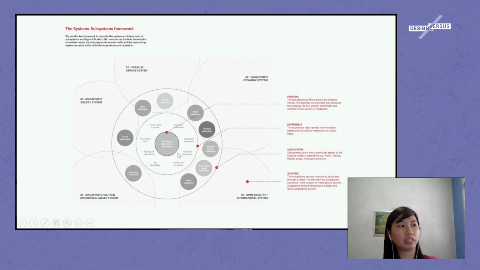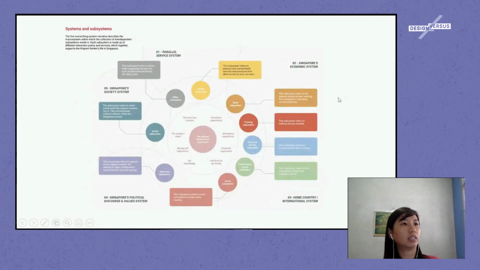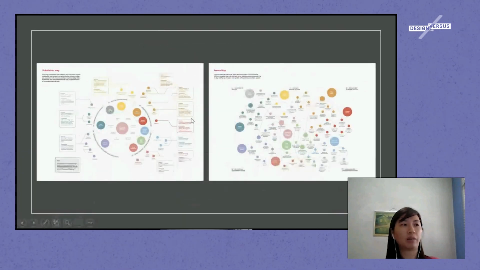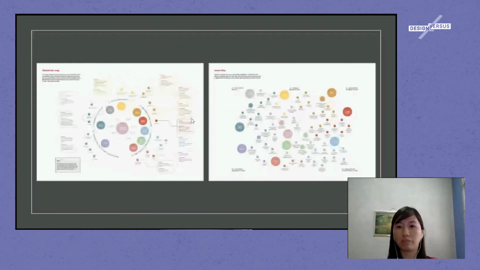And the persona, which is the migrant worker themselves. And from here, we layered on the coloring and gave people this as the coding. What does each subsystem refer to? And from here, we ended up with the final stakeholder map that people could use. And so that's me.